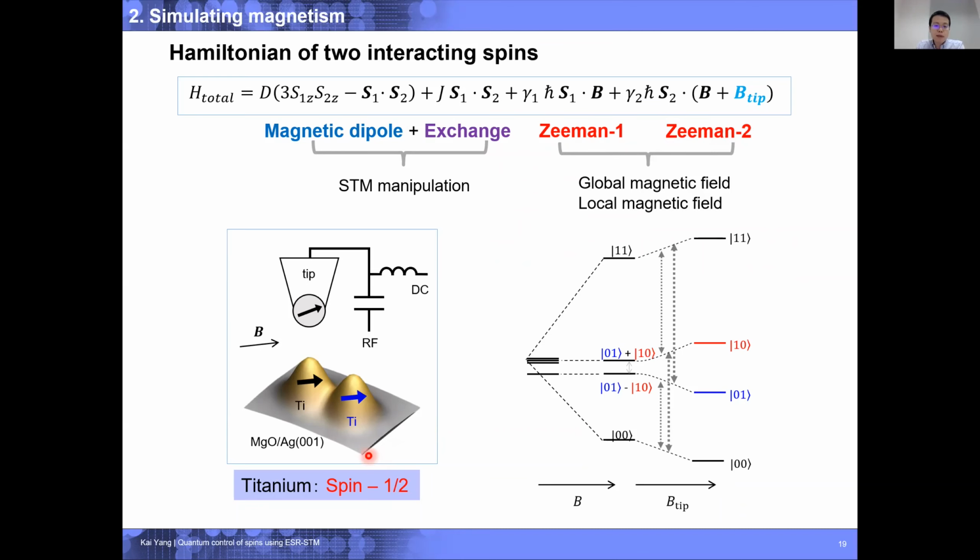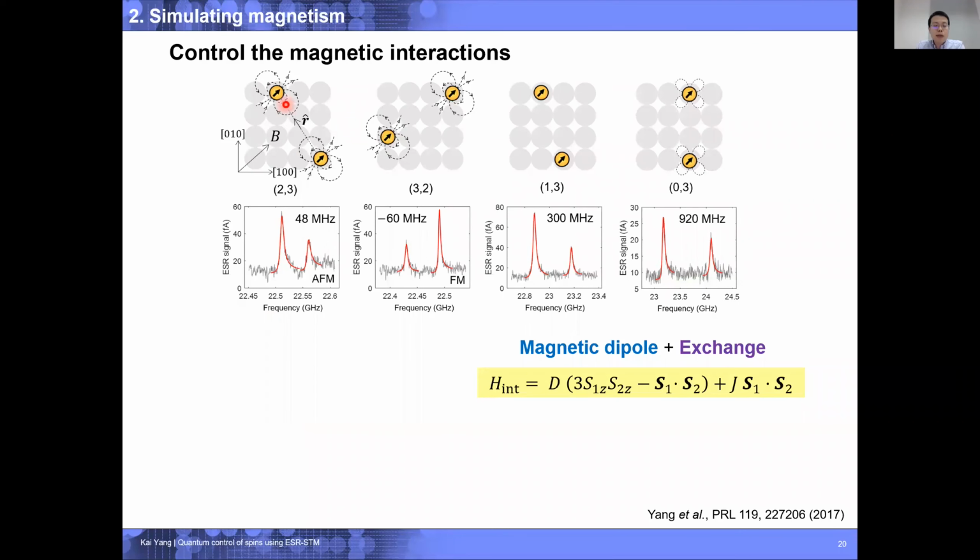So let's still use the titanium atoms on the MgO as an example. What we can do is to use atomic manipulation to precisely control the relative positions of these 2 titanium atoms on MgO, so that we can realize antiferromagnetic dipolar interactions or ferromagnetic dipolar interactions, depending on how we arrange these 2 magnetic atoms with respect to the external field.